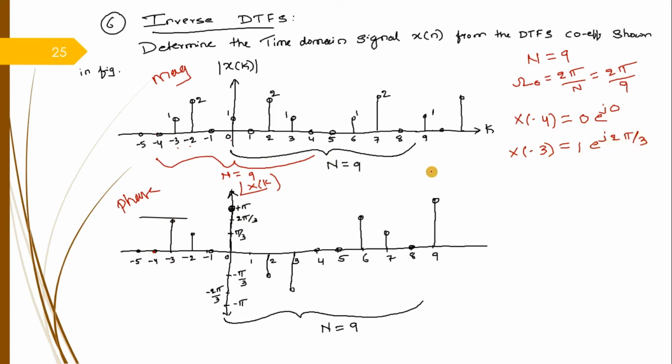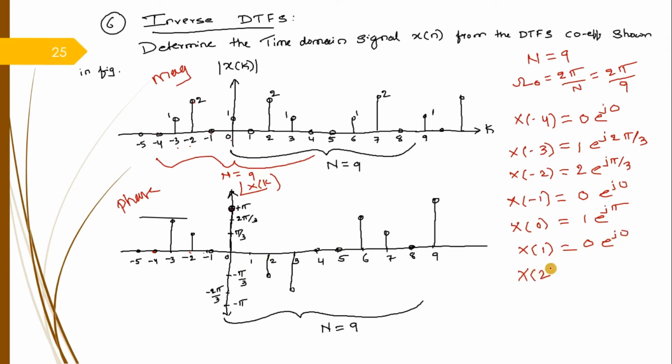Similarly, x of minus 2, magnitude is 2, e raised to j, phase is pi by 3. Similarly, x of minus 1, magnitude is 0, phase is also 0. X of 0, magnitude is 1, phase is pi. Next, x of 1, magnitude is 0, phase is also 0.